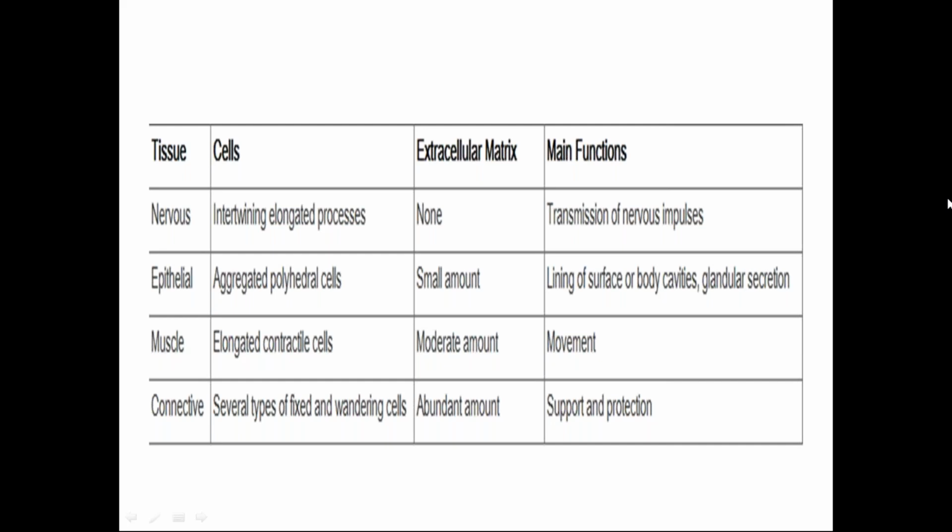Here the amount of the cell is more, and the main function is lining the surface of the body cavities and glandular secretions. So in our body, glands and the lining of the body surface and also cavities are lined by epithelial tissue. So this epithelial tissue is very important for us.